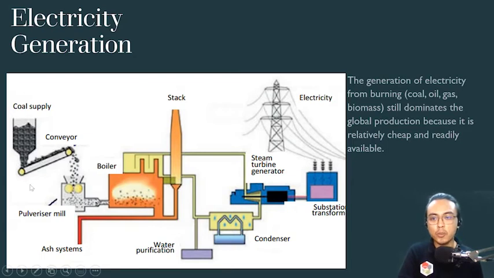So we start from the coal supply, because the combustion of smaller pieces of your solid fuel is faster and more efficient. After pulverization, the powdered coal is sent to the boiler, wherein it is combusted, and the heat generated during combustion is used to boil water. The boiling of the water turns it into high pressure steam, which goes through the steam turbine generator to generate electricity.